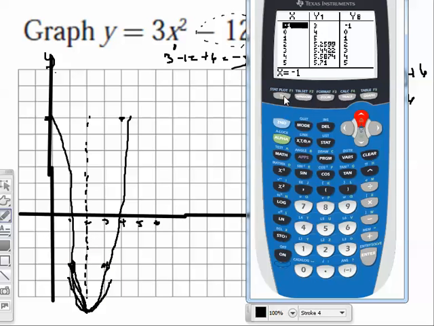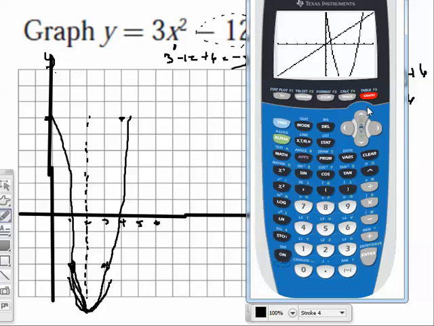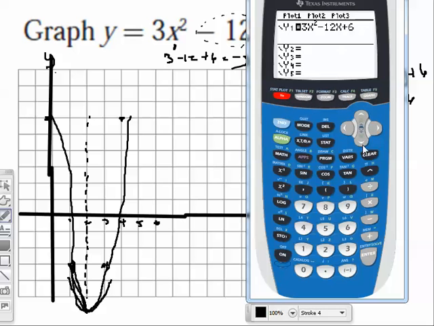So, can you do it in other ways? Sure. Let's look at this. This is just my calculator. If I key this in, 3x squared minus 12x plus 6, and I hit enter, and then I graph it, what do I get? I should get a parabola that looks like that. Much better job of drawing that parabola. By the way, the line in there is something completely different. That was a y equals x line.